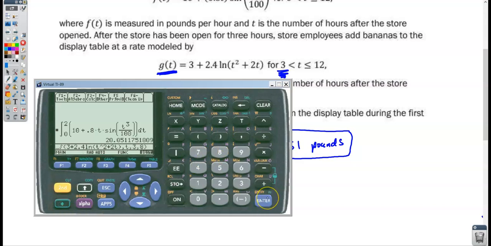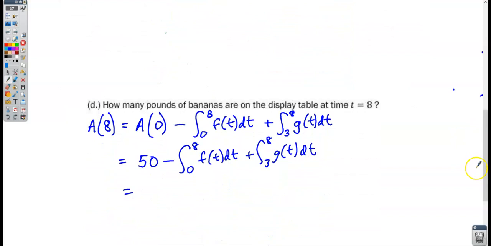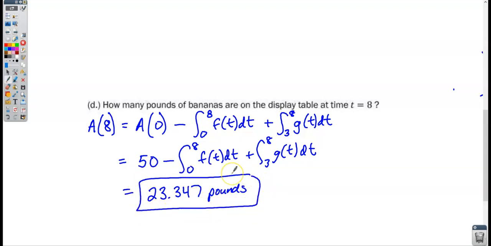And if I do all of that, it should tell me the total number of bananas on the table. My calculator's really grunting and straining. Alright, so let's make sure I type that in correctly. 50 minus the integral from 0 to 8 of f of t, plus the integral from 3 to 8 of g of t, and we end up with 23.347 pounds of bananas that are on the table at time 8.